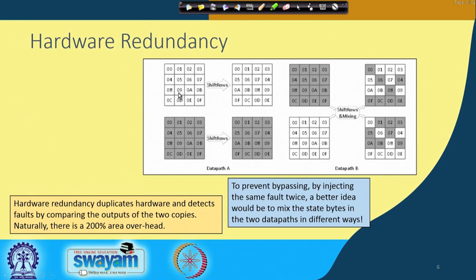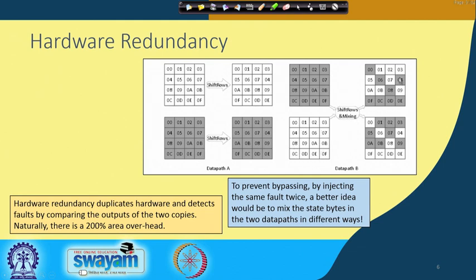For example, in classic redundancy, I take these states and do an operation, then in the second data path I take this and do the operation and make a check here. But here, I take some states from this configuration, and some states of this configuration, and then I mix them.